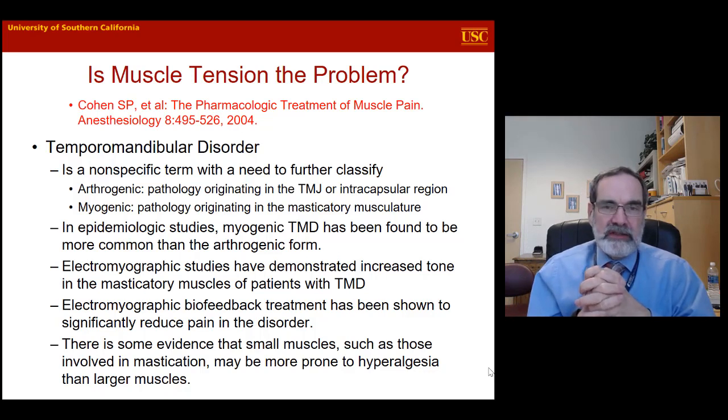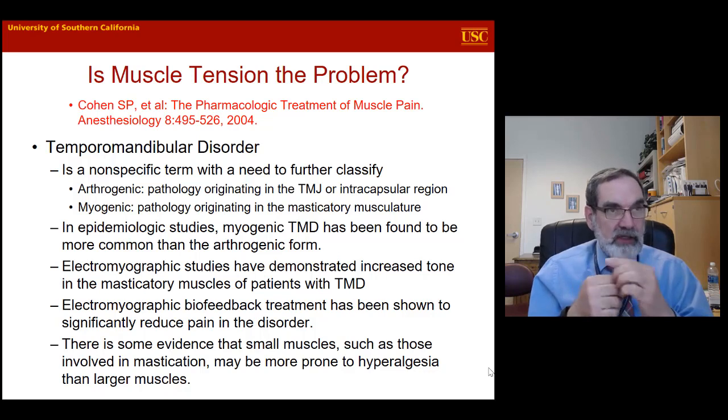And we do see in studies where we look electrically, in EMG studies, increased tone in these muscles in patients who have temporomandibular pain disorders. We can provide biofeedback treatment, which can make a significant difference.